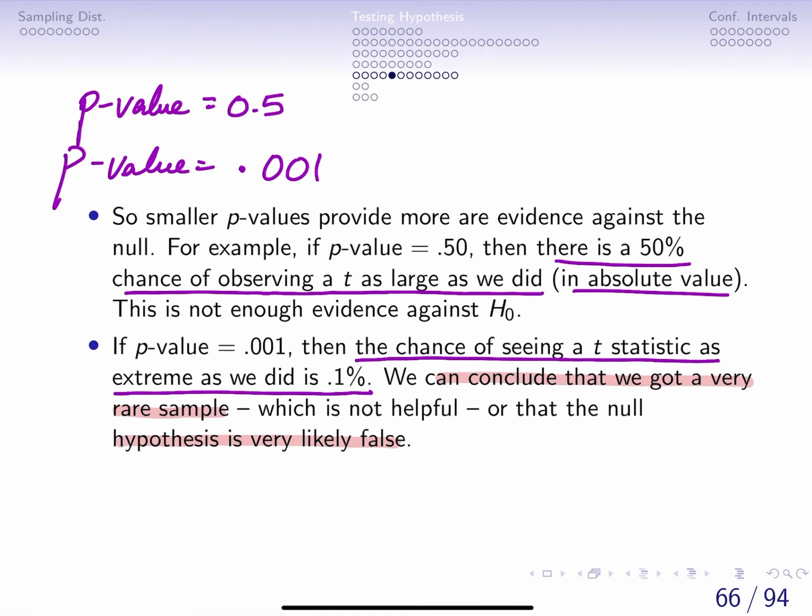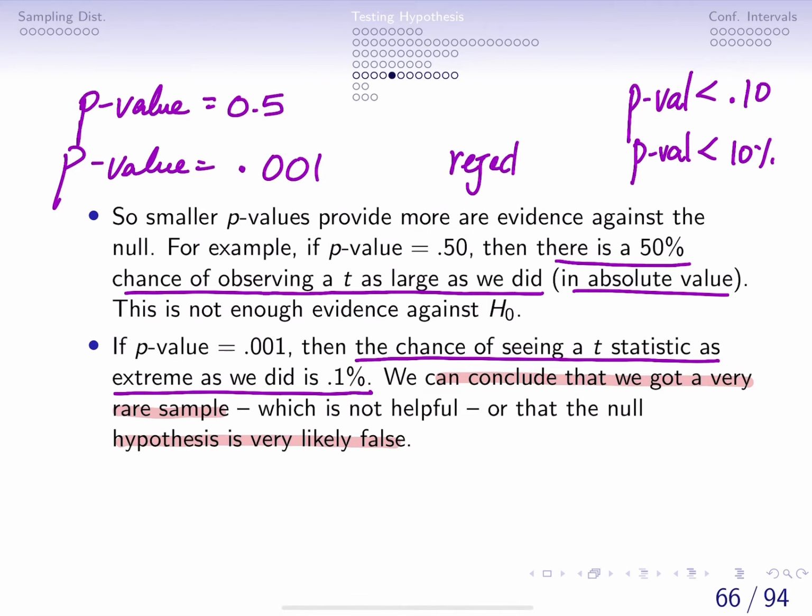Typically, if the p-value is less than 0.1, which is to say that the p-value is less than 10%, we reject the null at 10%, okay?